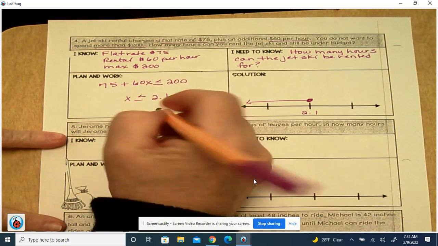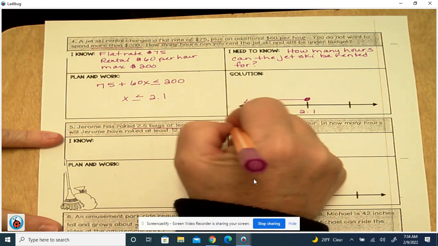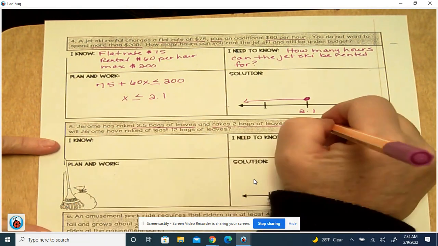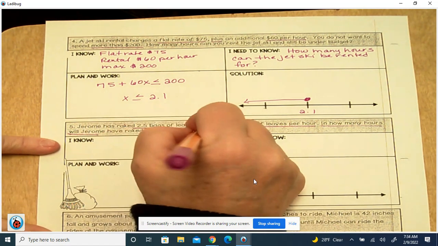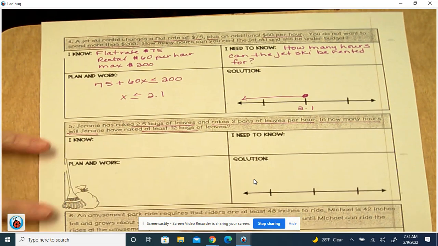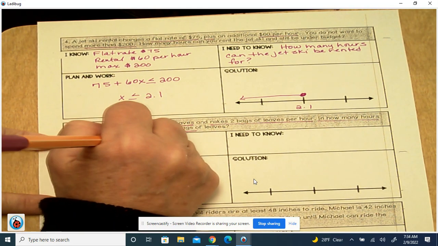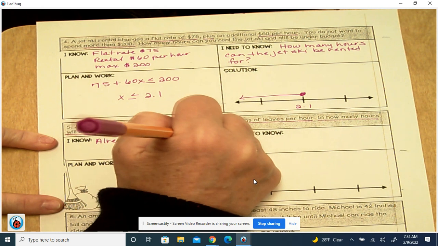All right. Jerome has raked 2.5 bags of leaves and rakes 2 bags of leaves per hour. In how many hours will Jerome have raked at least 12 bags? Okay, so he's already raked 2.5 bags.